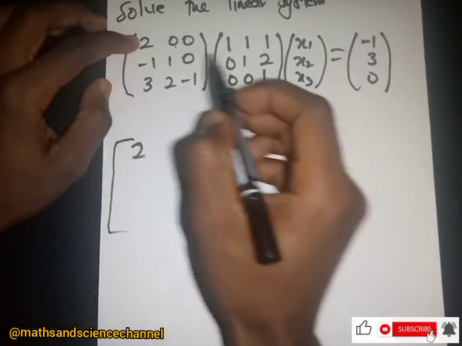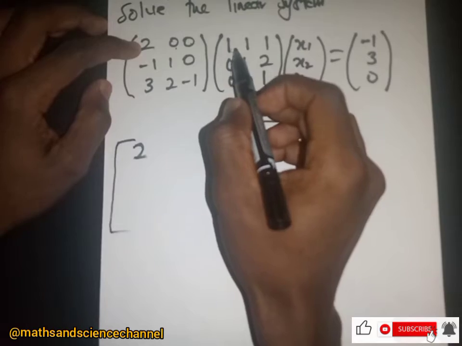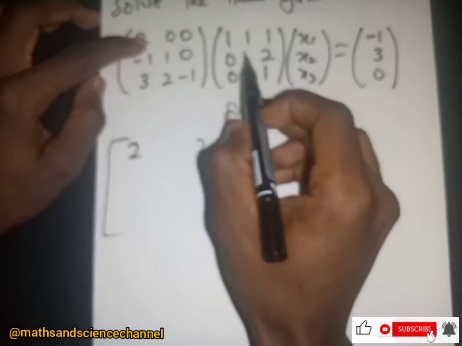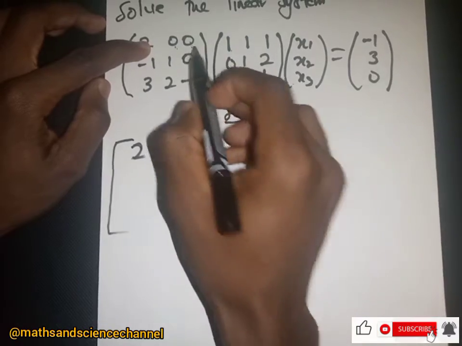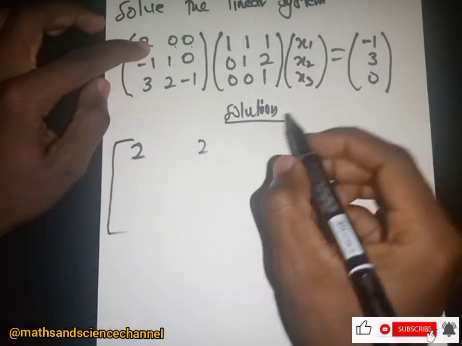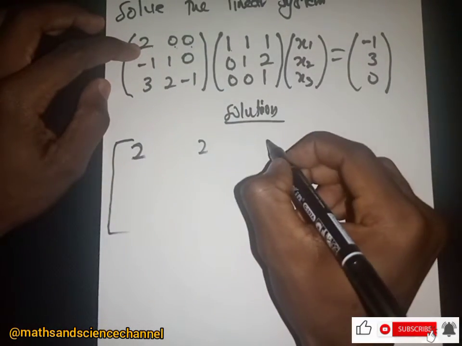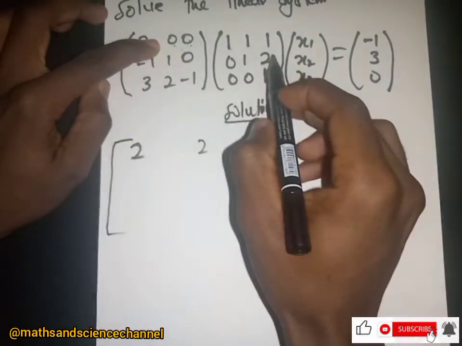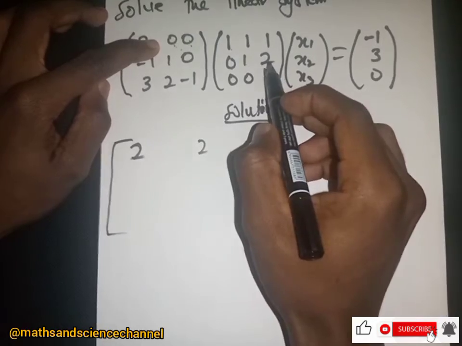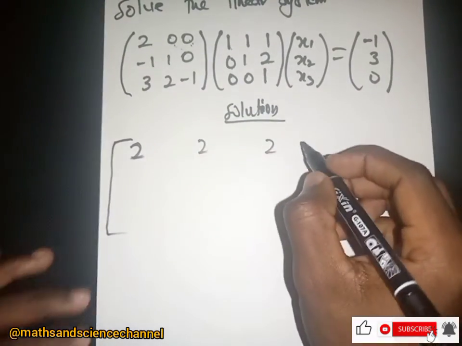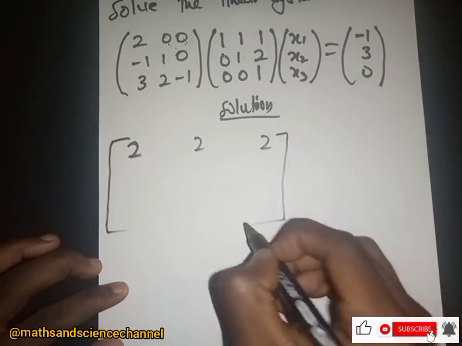Now in the second part we have 2 multiplies 1, we have 2, 0 multiplies 0 goes away, and 0 multiplies 0 goes away. So we still have 2 here. In the third part we have 2 multiplies 1, we have 2, 0 multiplies 0, we have 0, then 0 multiplies 1, it goes to 0. Okay, so that would be it for the first row.